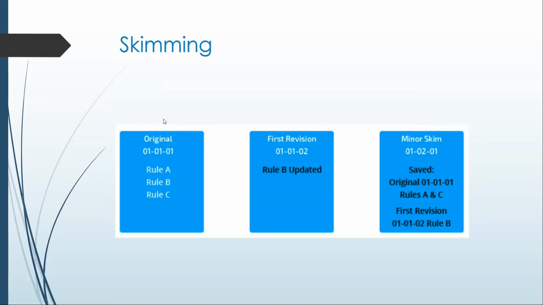So this is an example of skimming here, where initially in O1, 3 rules are there, A, B, and C. Under first patch, O1, O2, rule B is updated. Now, once you skim it, the system starts checking rule A. What is the highest version of rule A in all the available rule sets?